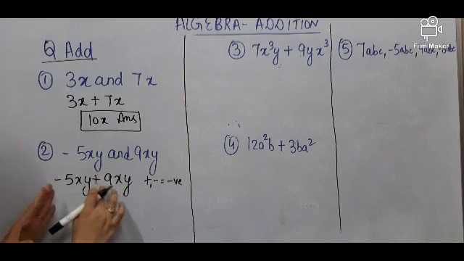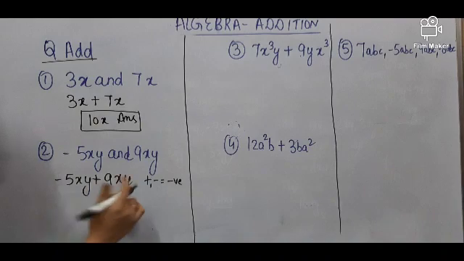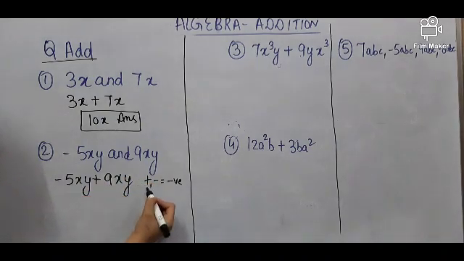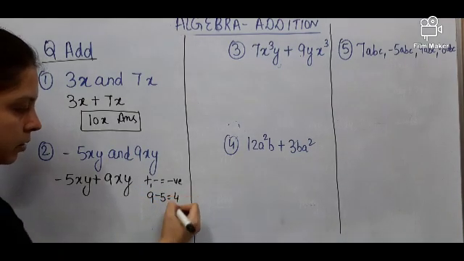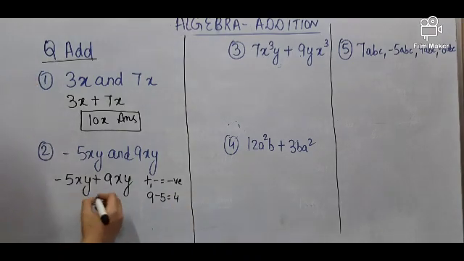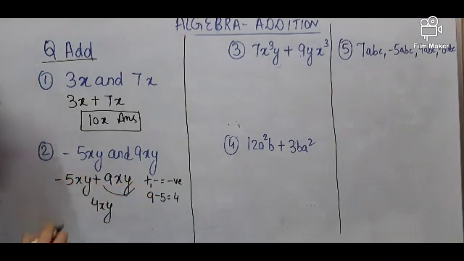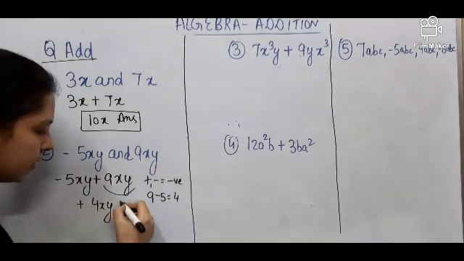That means we'll do 9 minus 5. Our result will depend on the bigger number. 9 minus 5 is 4, so 4xy. As the bigger term is 9xy and it is preceded by a positive sign, we get our answer in positive.